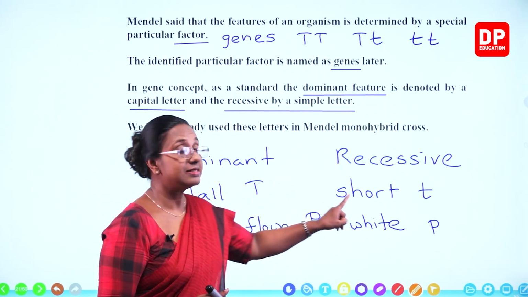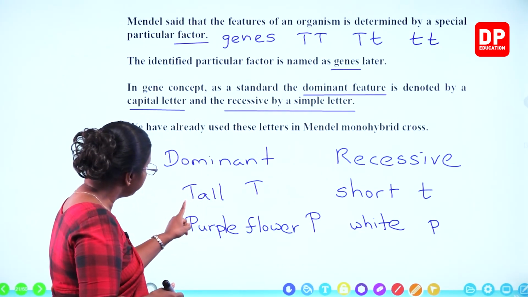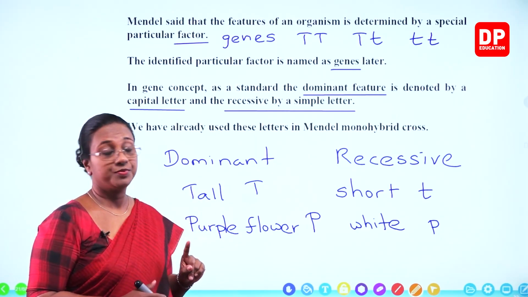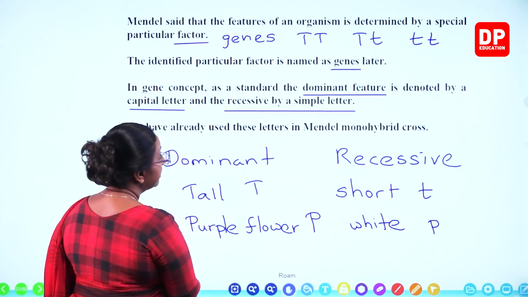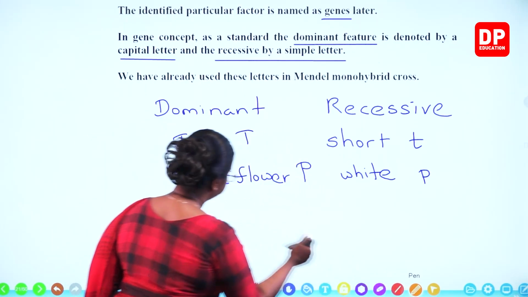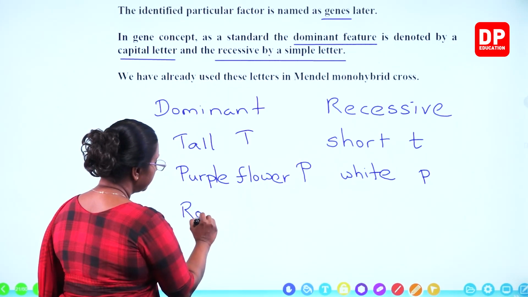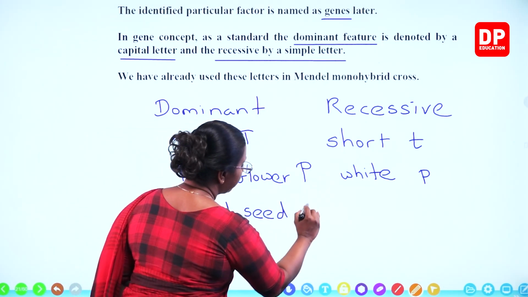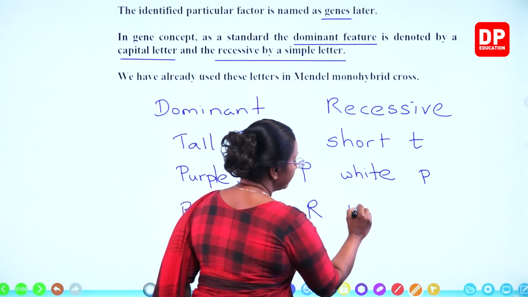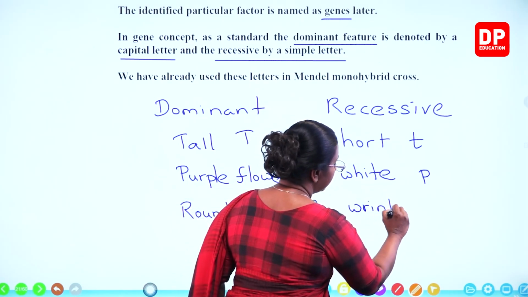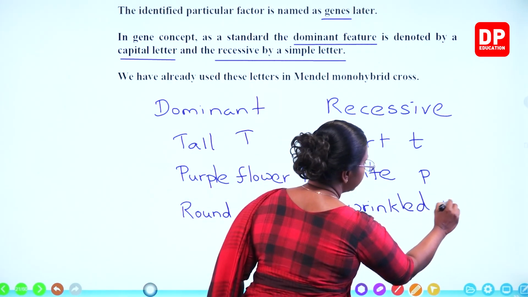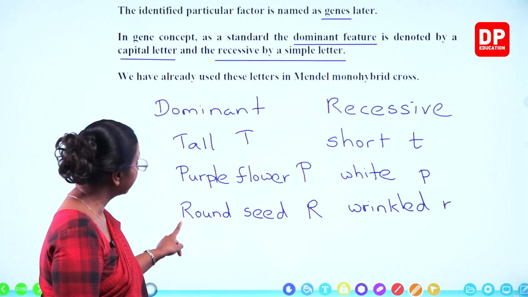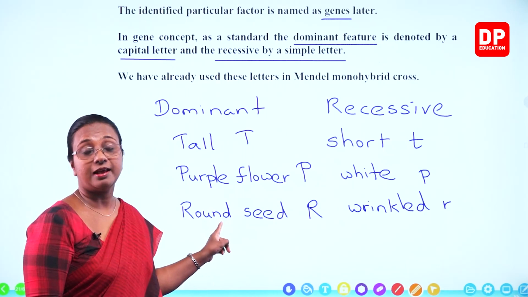But the capital and simple letter are the first letter of the dominant character. So if it is again round and wrinkle seeds, round seed, we use capital R, whereas wrinkle seed, you all know we use simple R. Always the letter is the first letter of the dominant character.